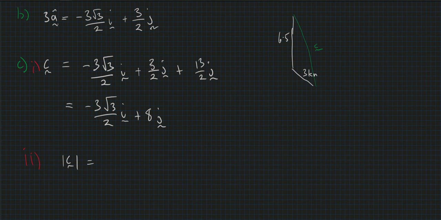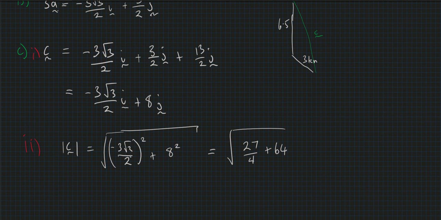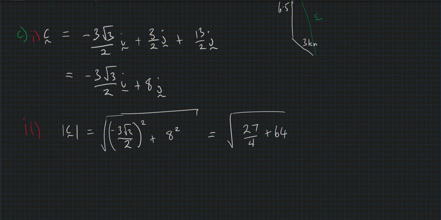So the magnitude of C equals the square root of minus 3 root 3 on 2, squared, plus 8 squared, equals, so we've got 9 times 3 is 27 on 4, plus 8 squared is 64. 4 times 64 is 256, 256 plus 27 is 283, on 4.